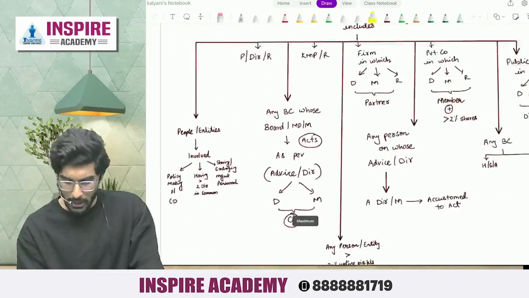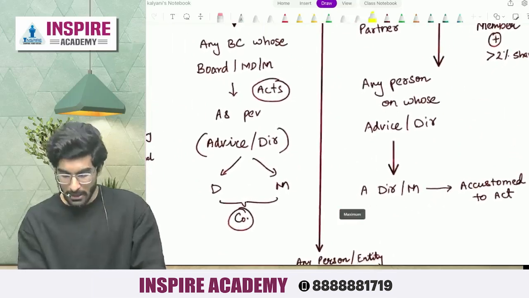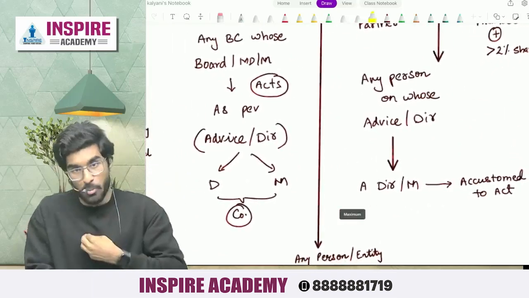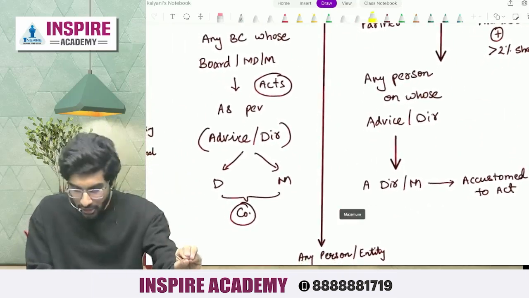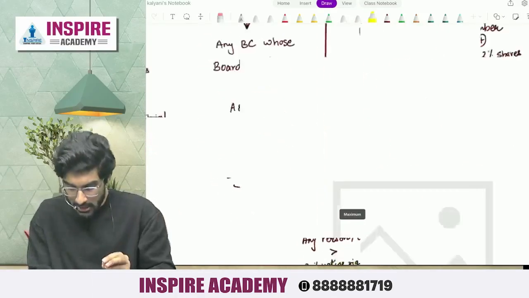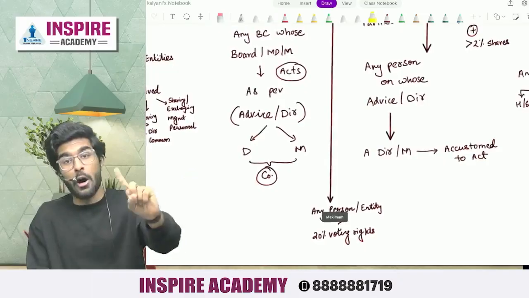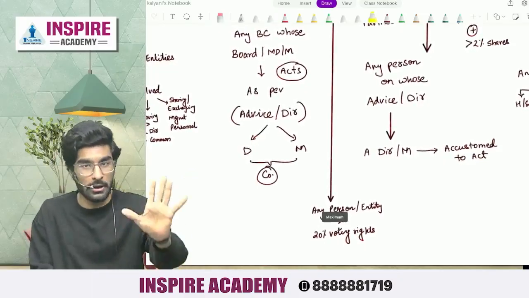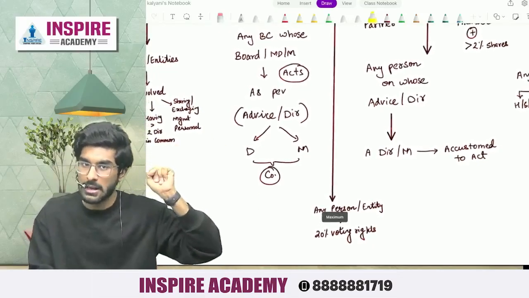Perfect. Now, let's talk about the entities. Any body corporate whose board, MD or manager acts as per the instructions or directions given by the director or manager of the corporate debtor will also be considered as a related party.